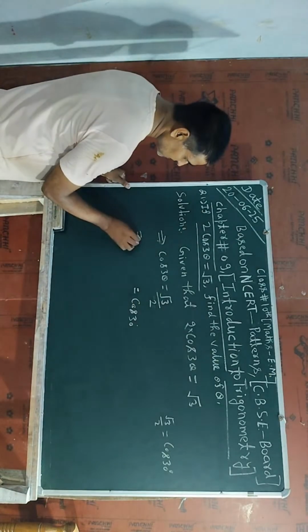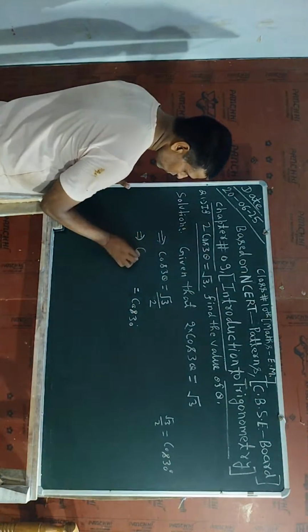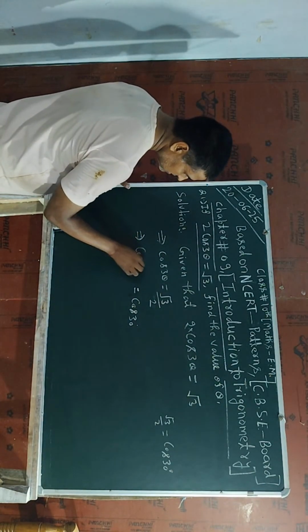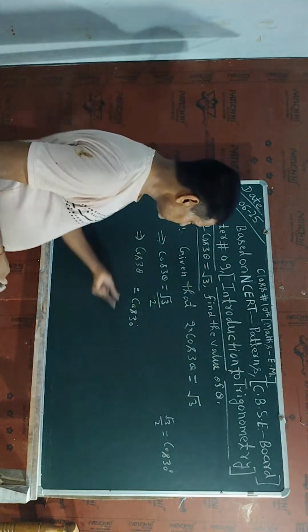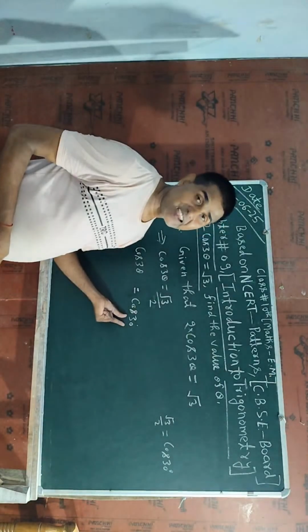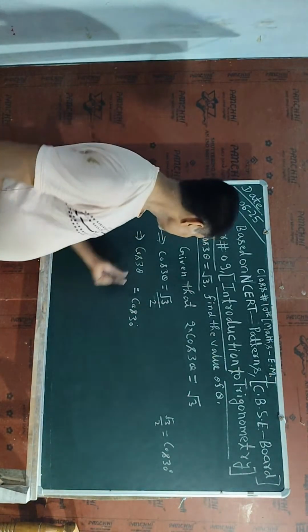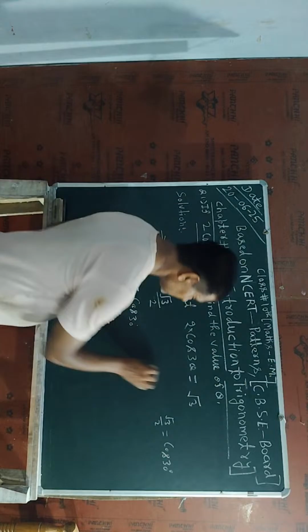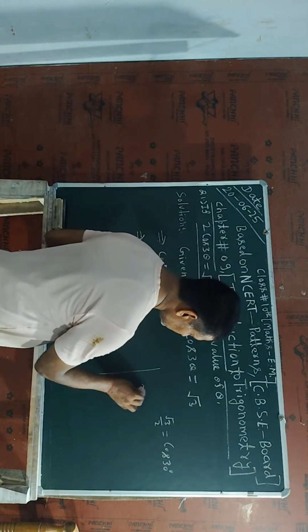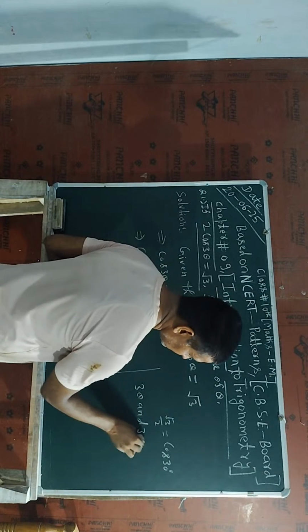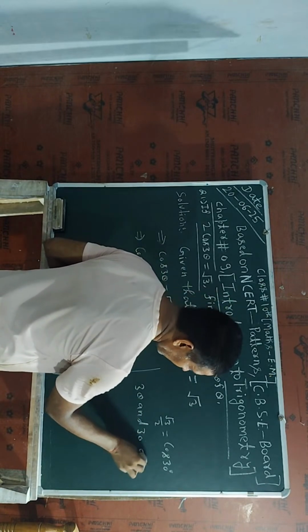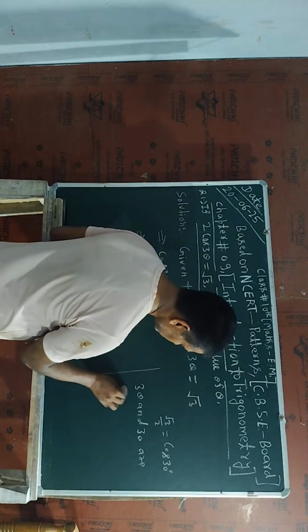Now in the left hand side, the information given is cos 3 theta. Here I will say that 3 theta and 30 degree are acute angles.